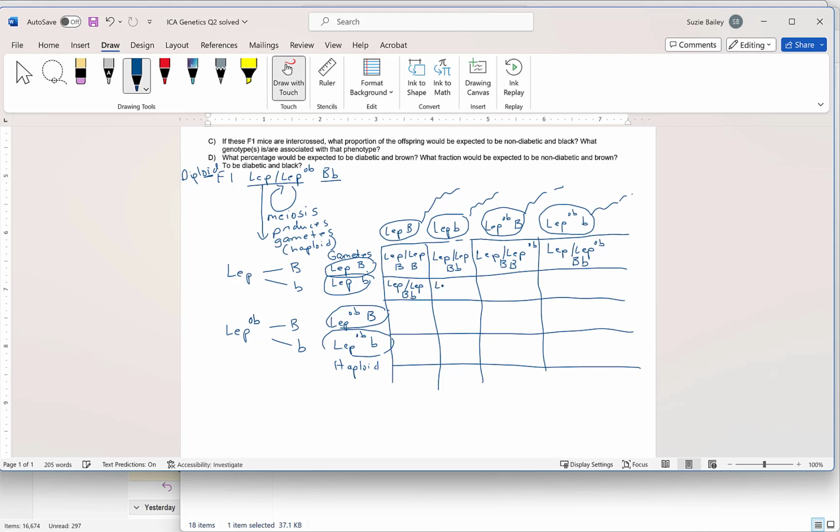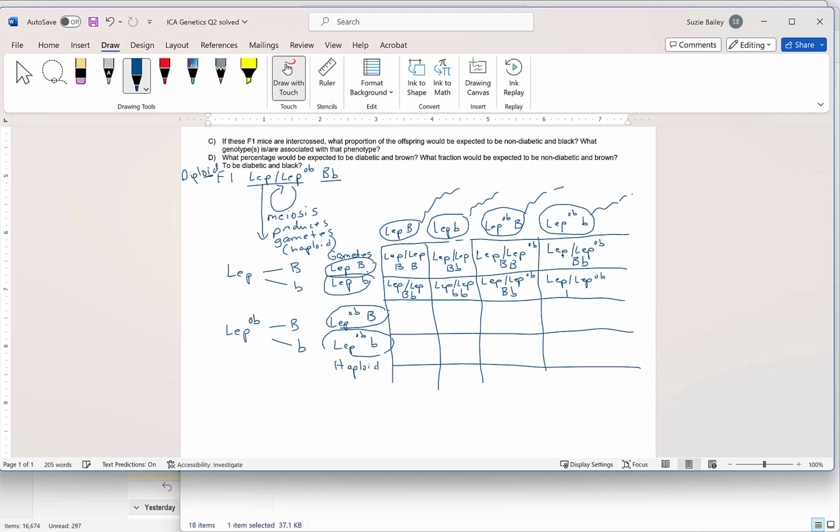So we have to fill in all of these, making sure we don't make any mistakes. Lowercase b, lep OB, capital B, lowercase b, lep OB, whoops, and there we go. That's our first mistake.